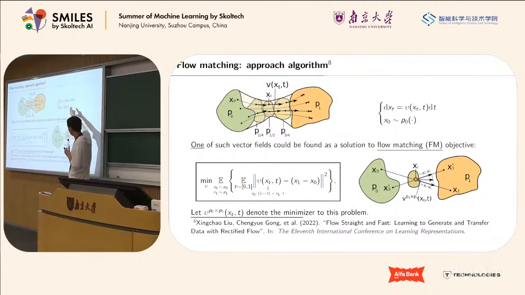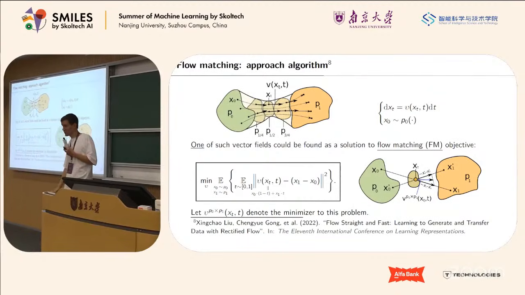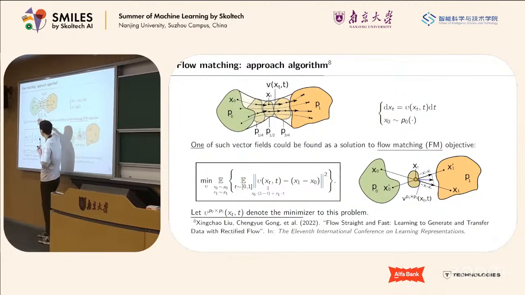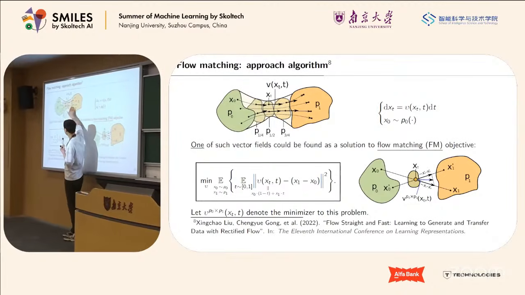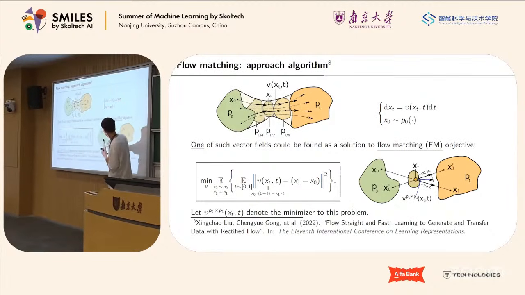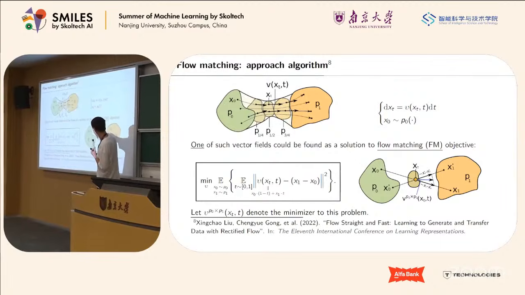Yeah, but the main property which this speed vector, the optimal solution of this problem, satisfies is that if you consider this system of equations, so basically if you take point x0 from initial distribution p0 and you solve this ordinary differential equation, so if you move this point according to this obtained learned vector field, then you will obtain, in fact, the same sequence of probability distributions which was originally designed with our interpolation.